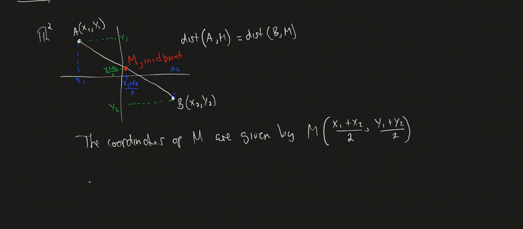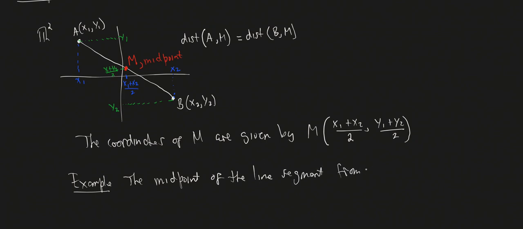So again, just a quick example. There's really not much to it, but let's say this: the midpoint of the line segment from (2, -10) to, let's say, (5, 13), and this is all you do.